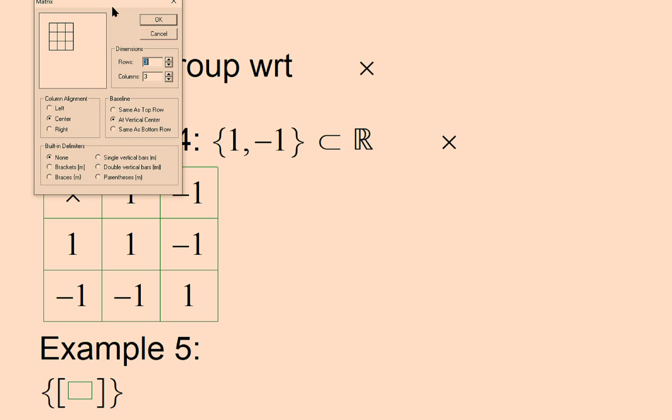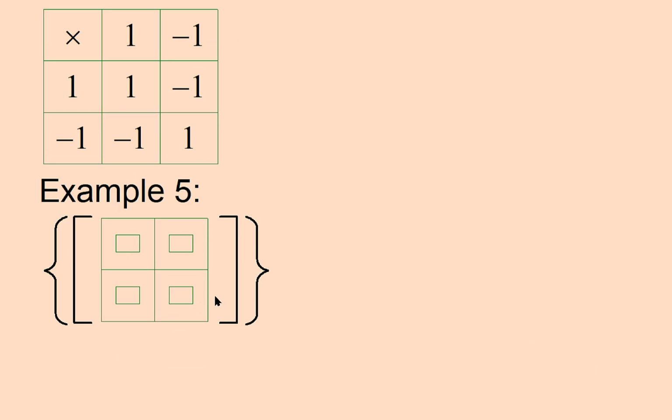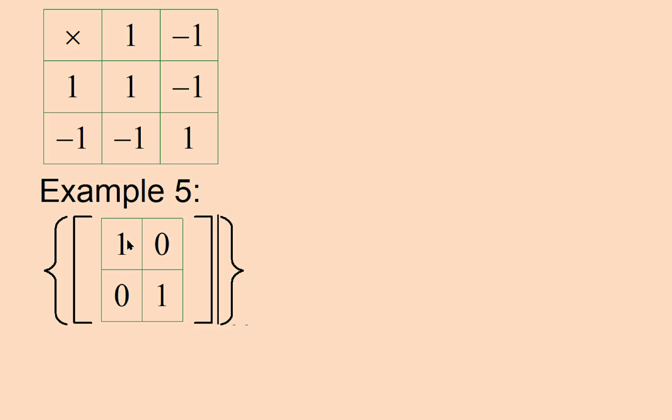So what I'm going to do is take a 2 by 2 matrix, or rather, I'll just take 2 of them, along the lines of this. I can take even only this one, with respect to product of matrices, and it will be a group.